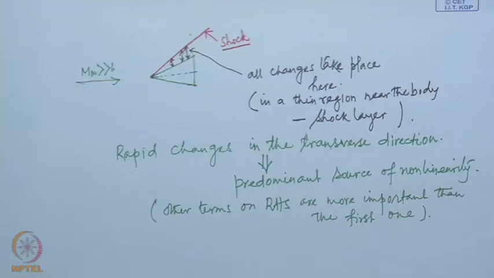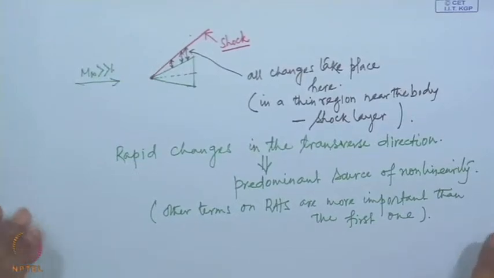Now, one more thing happens in a hypersonic flow. The Mach number being very large, even for an oblique shock of the weak category, the temperature rise may be extremely large.